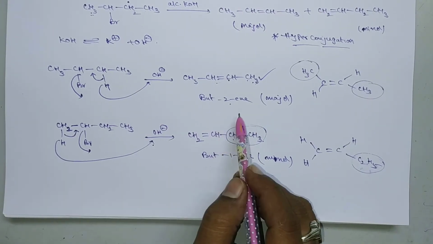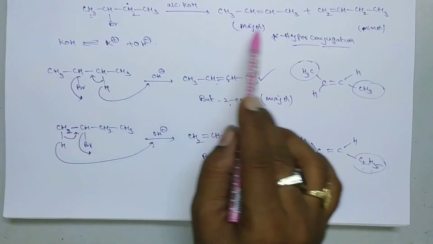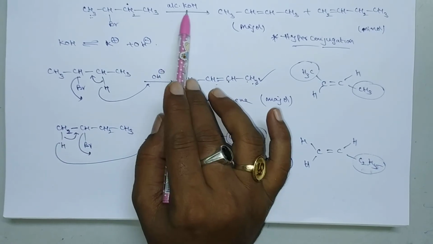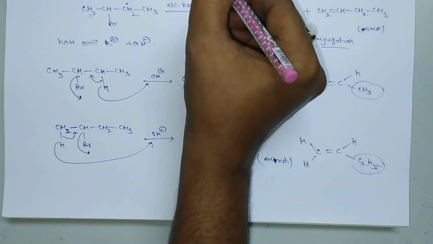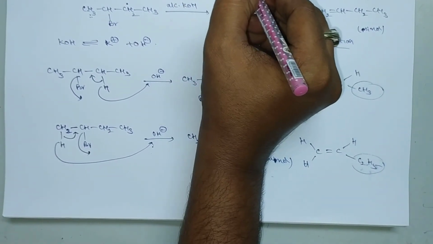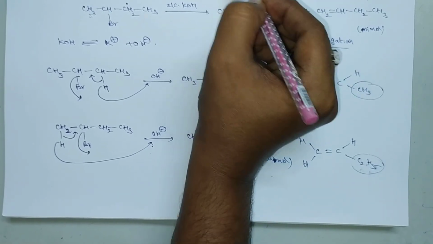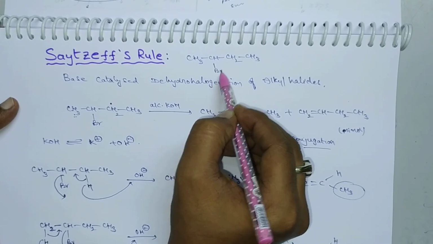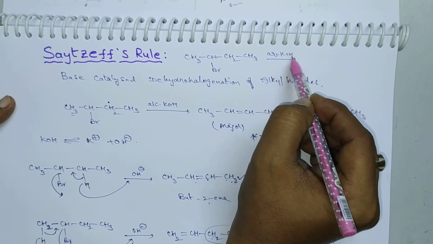Remember one point: these elimination reactions take place in the presence of alcoholic KOH. Suppose you take aqueous KOH, then what happens? If the same reaction is carried out in the presence of aqueous KOH, suppose you take this one, where bromine is there, what happens?